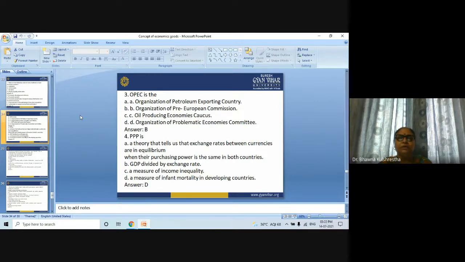Answer is Organization of Pre-European Commission is the right answer.